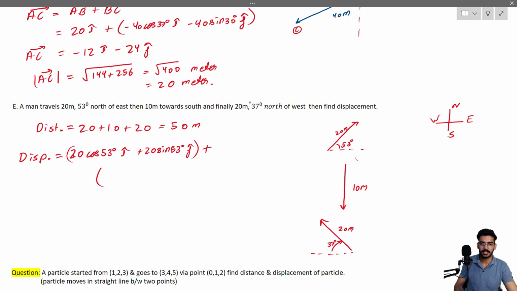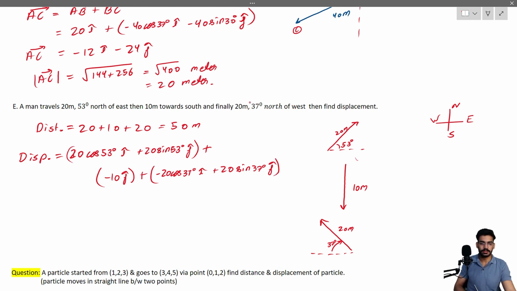This one, this is minus j cap, so minus 10 j cap, plus this one vector, this is negative i cap, right? So minus 20 cos 37 i cap, and j cap direction what will it be? Plus 20 sin 37 j cap. Okay, these are your vectors.